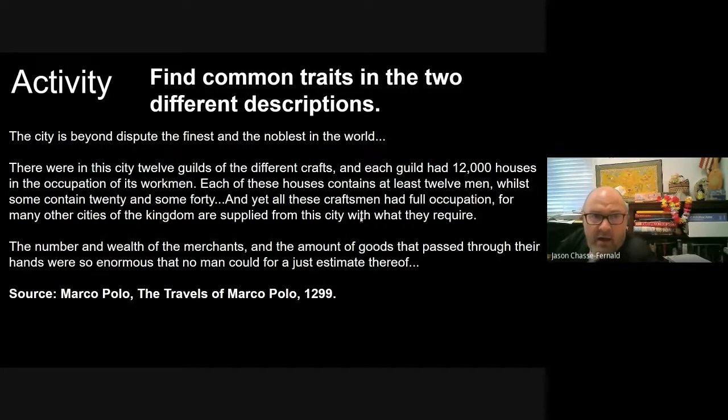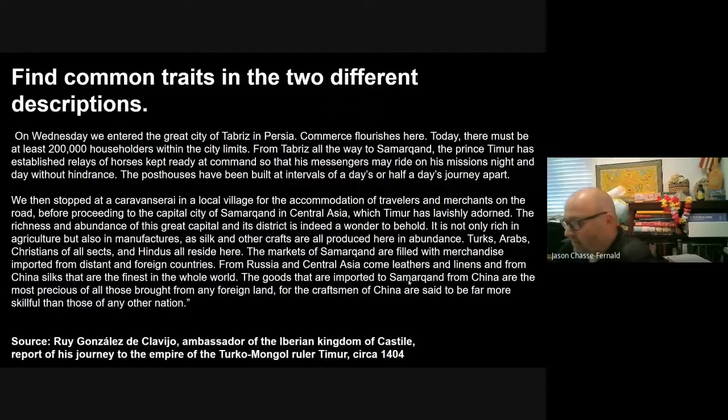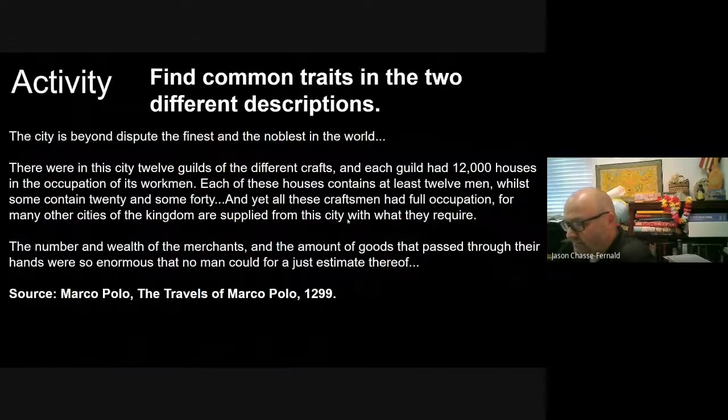In class, we generally ended there, and if there were a few minutes left, I gave some of my classes time to work on their projects, get together and start that process. So we didn't really get to this activity to find a similarity in these descriptions. But you're welcome to pause. This is the first one, by Marco Polo, from the Travels of Marco Polo in 1299.